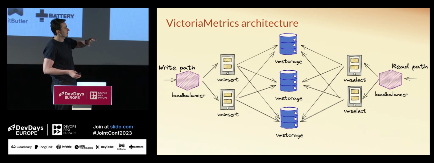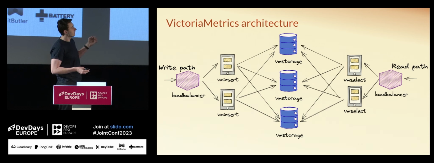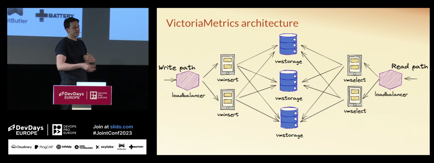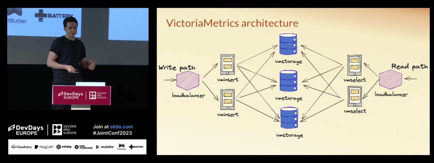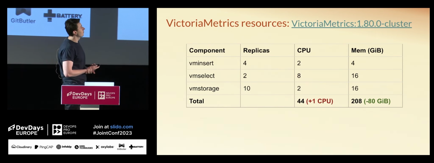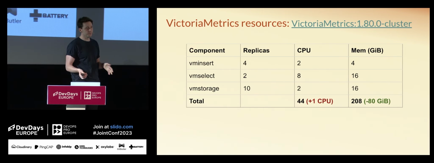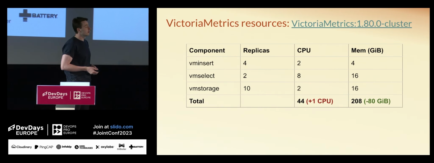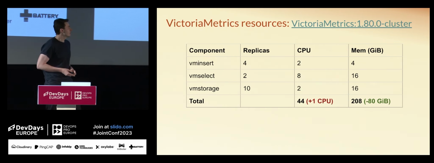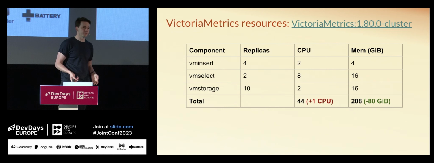It receives requests from the user, validates them, checks if any limits were exceeded or not, requests data from the VM storages, and does processing in memory and responds to the client. And that's the resource allocation for VictoriaMetrics. So we allocated 44 CPUs, which is one more than for Mimir, and 208 gigs of memory, which is 80 gigs less than for Mimir, just because we have different components with different profiles.